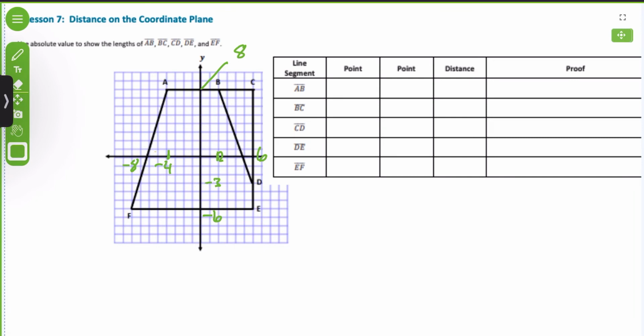What is an ordered pair? It's an X and a Y. X, Y. That's an ordered pair.